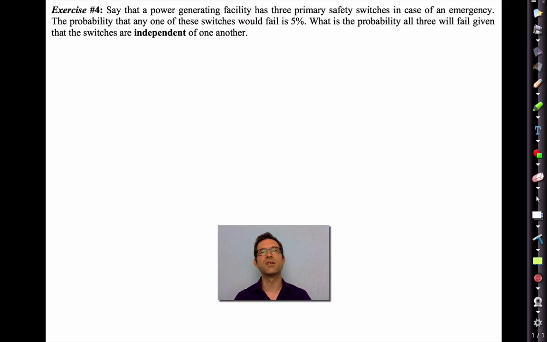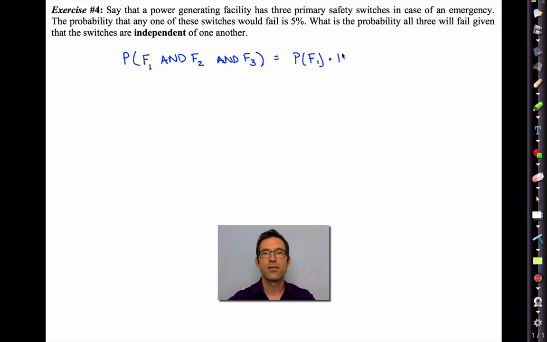Okay, well, I want to phrase this in terms of an and, okay? Because what I really want is the probability that the first one will fail, and the second one will fail, and the third one will fail. I don't want ors there. I don't want to add these things. But the probability that the first one will fail times the probability that the second one will fail times the probability that the third one will fail, right?